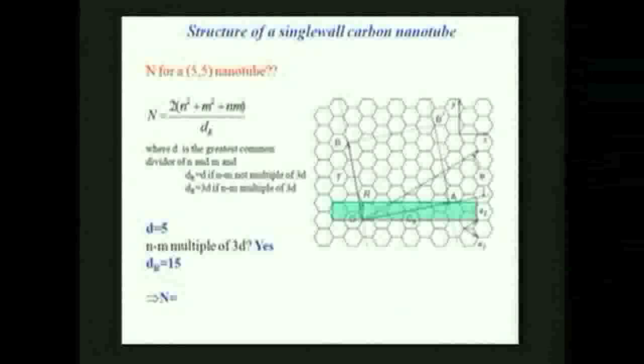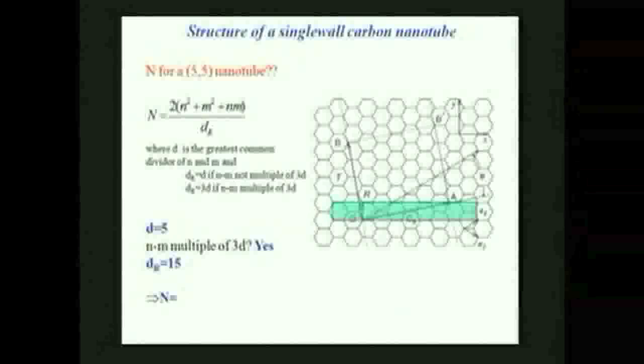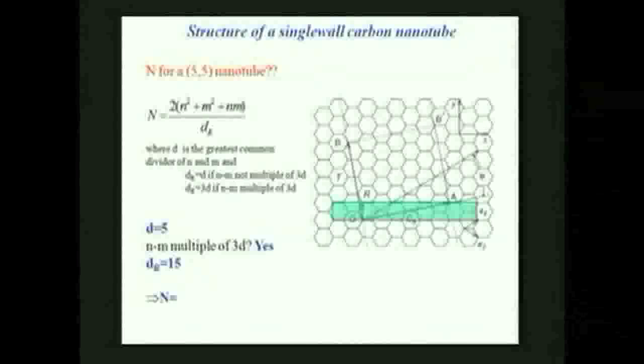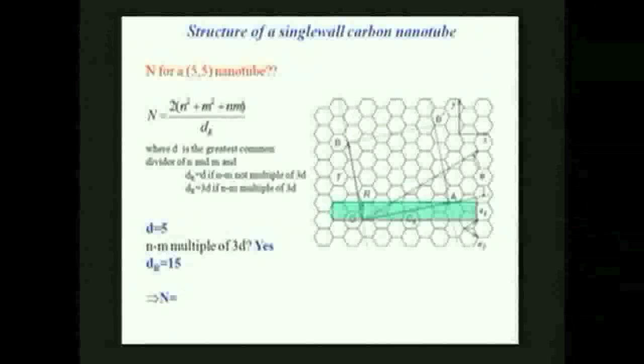Then you can calculate N from this expression. So please tell me how many hexagons you have in the 5,5 nanotube. And you are also able to check that your answer is correct on this sketch. So how many hexagons do you find in a 5,5 nanotube? Yes, you find 10 hexagons.